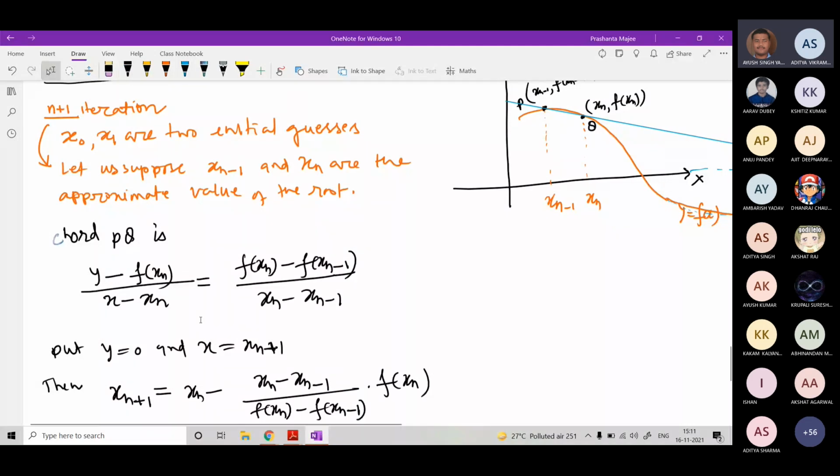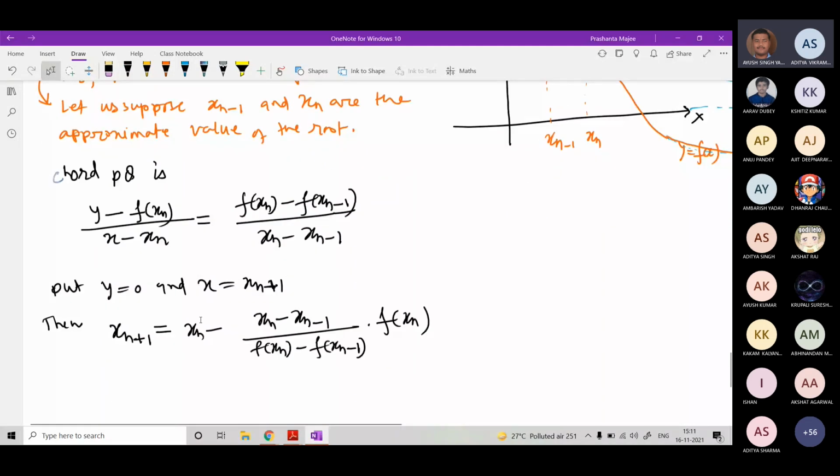Is not it? Please check the formula once again. The calculation is correct or not?